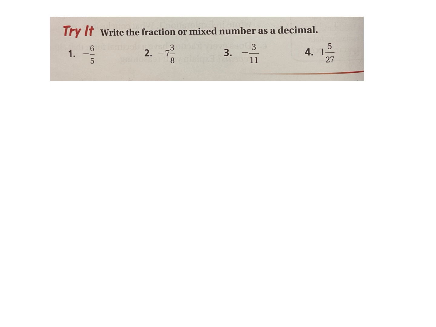So let's do -3/11. Okay, I put the numerator inside. So that's going to go in. And then I put my denominator to the side. Now, I know 11 can't go into 3, so I'm going to add just a bunch of zeros there.